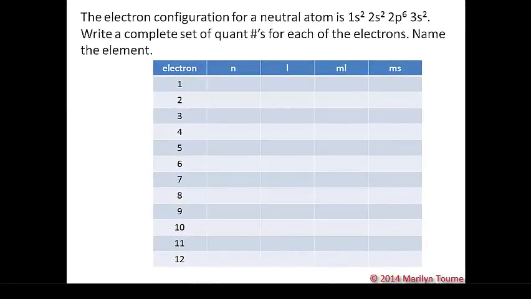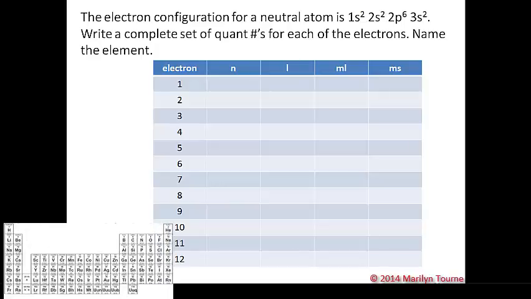This is problem 7.91 in the back of your chapter, and it reads, the electron configuration for a neutral atom is 1s2, 2s2, 2p6, 3s2. Write a complete set of quantum numbers for each of the electrons. Name the element. We did something like this in class. I just wanted to go through it.